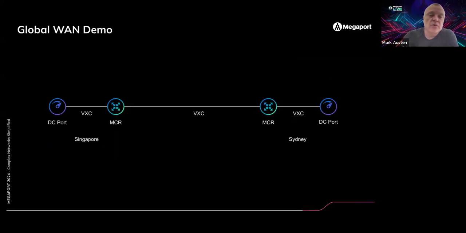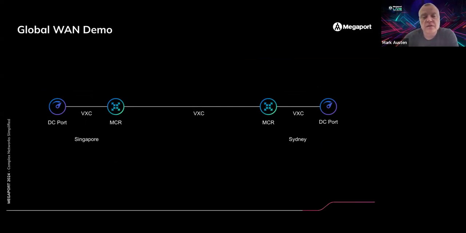So what I'm going to show in the demo is how you would build that out. And I'm not going to build out the entire fabric just given time. I'm just going to build out a simple topology between Singapore and Sydney using data center ports and an MCR in each location.